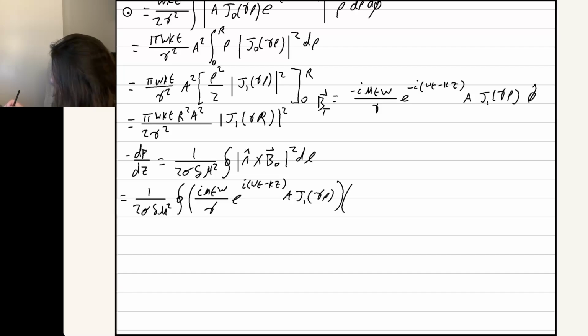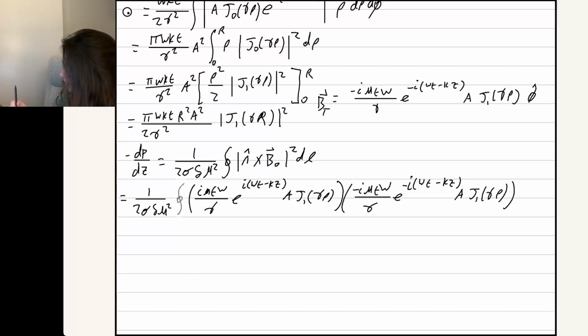And then you're going to have minus I mu epsilon omega over gamma e to the minus I omega t minus kz A J1 gamma rho. And you're integrating that over just phi, d phi.